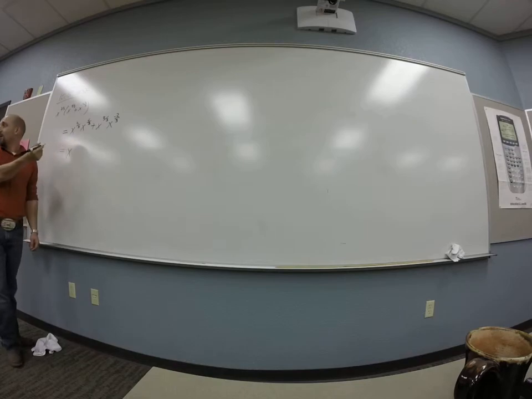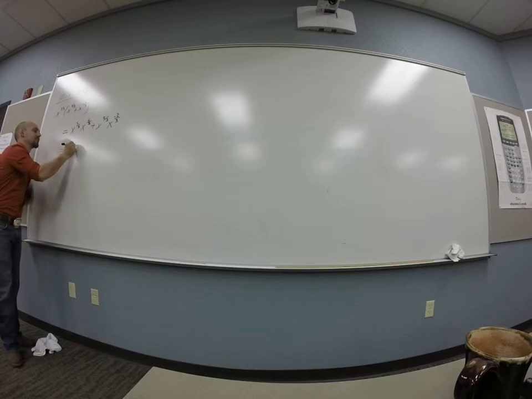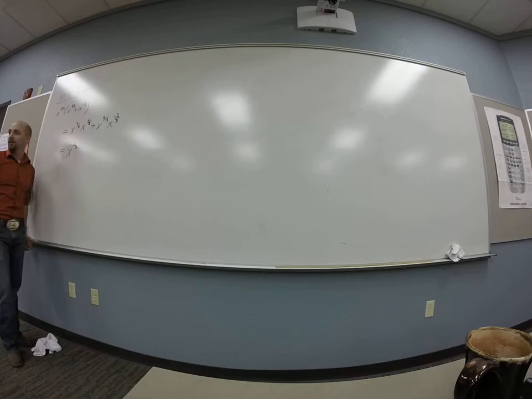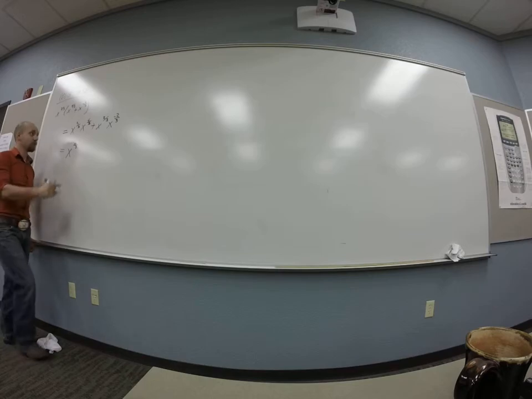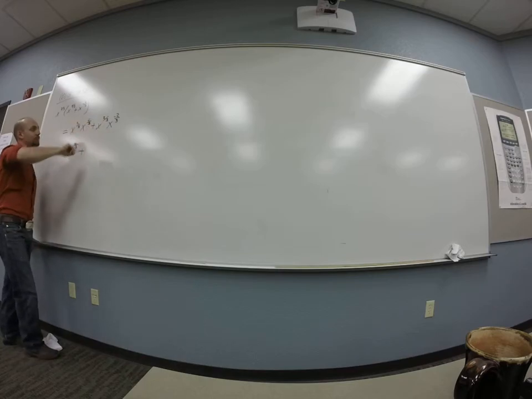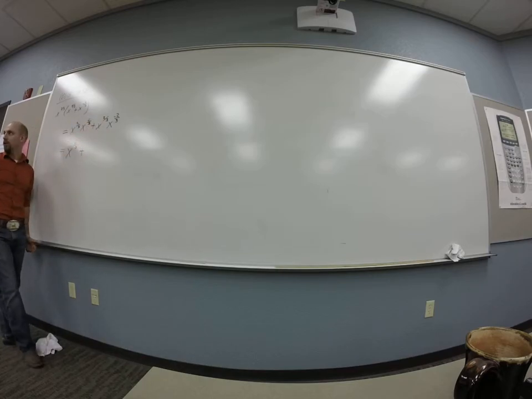I would have to find a common bottom if the bottoms were different. So here I'm adding 2/3 and 4/3, which gives me 6/3, which is 2. And over here I've got 2/3 minus 2/3.